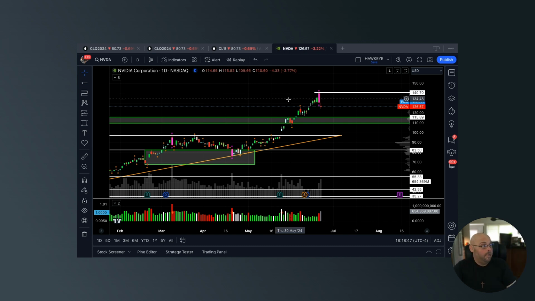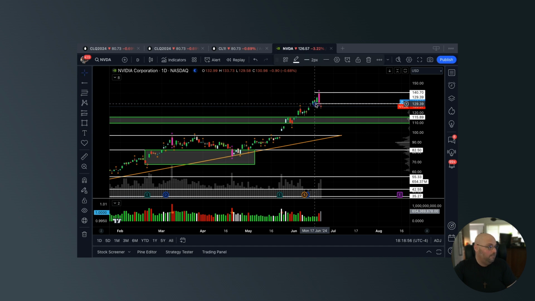All right? And now notice I'll mark at the bottom here as well, because on a daily basis we have settled below this candle. And so I would call this area, for the moment, until proven otherwise, an area of resistance. And again, I'm just working off of one single candle, guys.